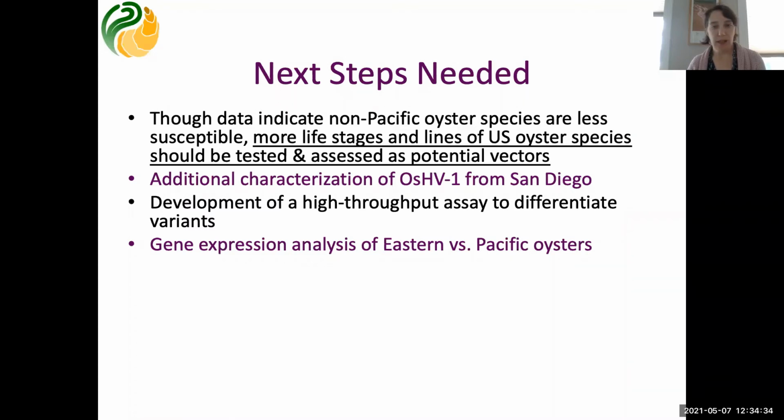It's currently being sequenced, so we can look at it comparatively, both with the Tomales Bay as well as other sequence microvariants. It would be nice to have a high throughput assay rather than to clone and sequence PCR products every time. We're also working on a gene expression analysis of Eastern versus Pacific oysters from our original experiment, the injection trial.